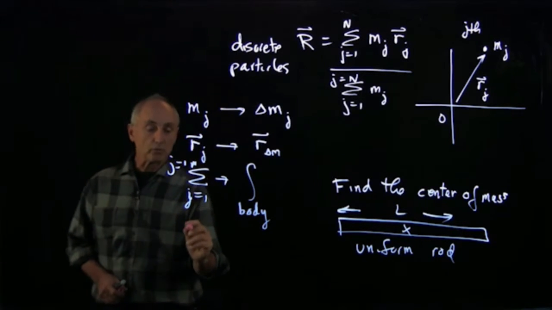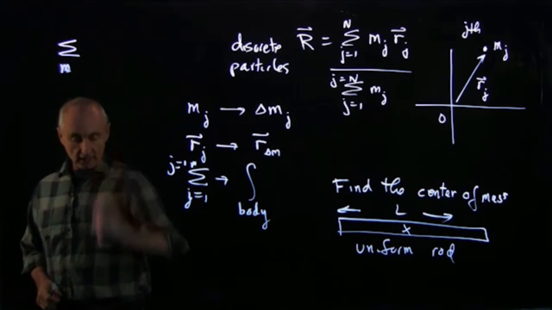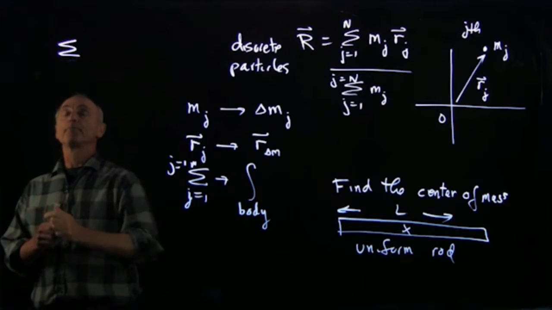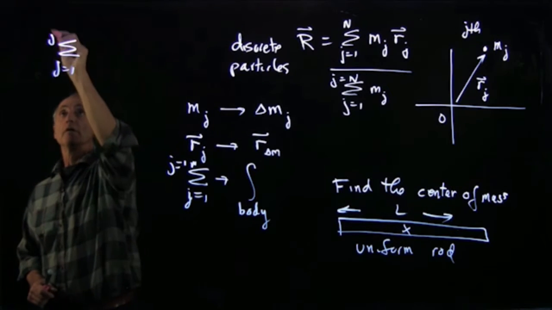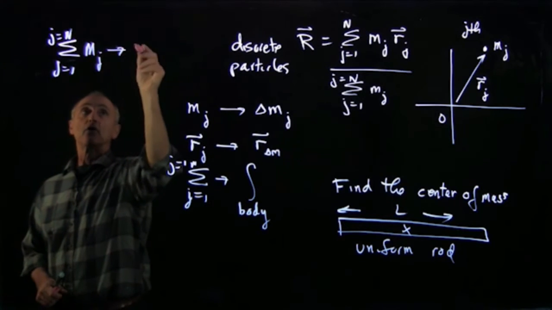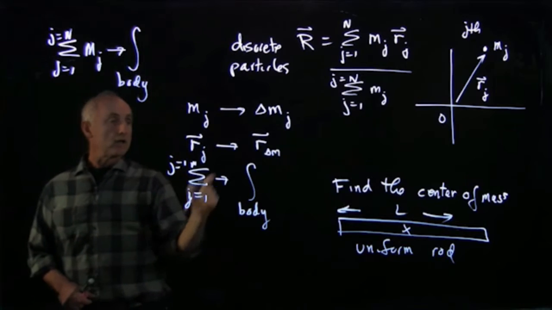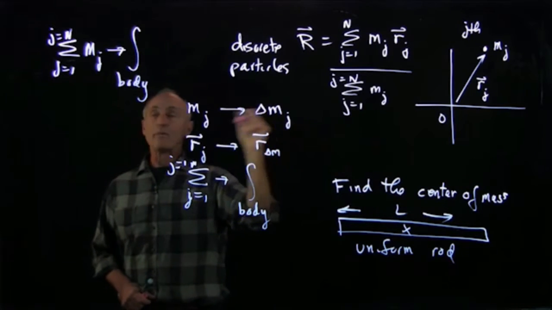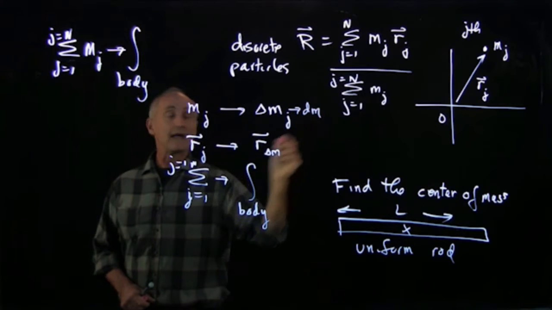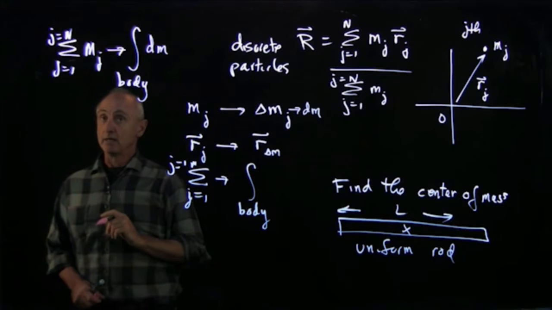First we'll do it with the total mass. M, here we're summing over j from 1 to n of mj. That goes to the integral over the body. Now, the delta m, when we take limits, because that's what an integral does, we'll write as dm. So that becomes an integral over the body.